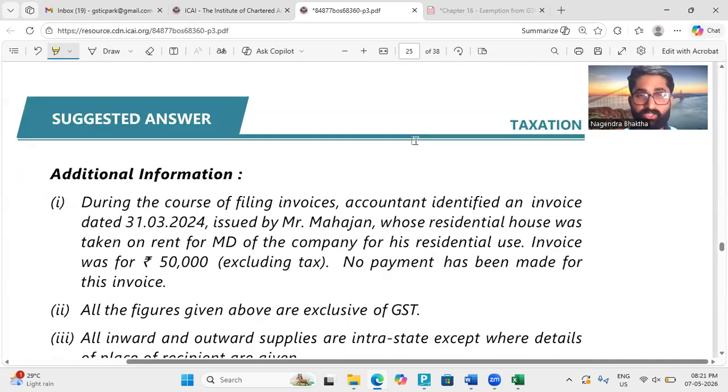Read this additional information. During the course of filing the invoices, the accountant identified an invoice dated 31st March 2024 issued by Mr. Mahajan, whose residential house was taken on rent for the managing director of the company for his residential use. You remember this is under reverse charge.